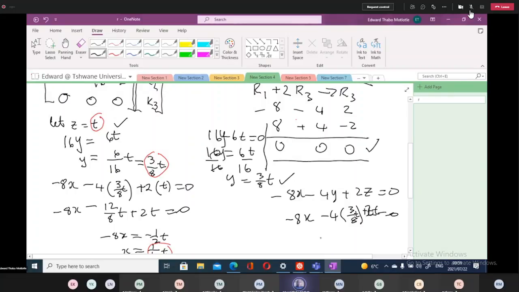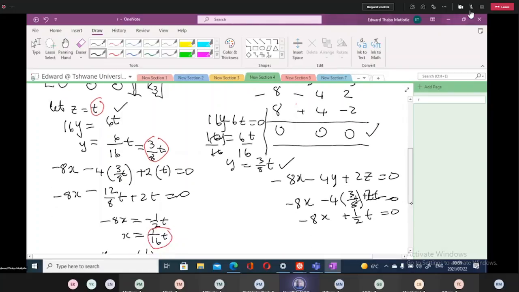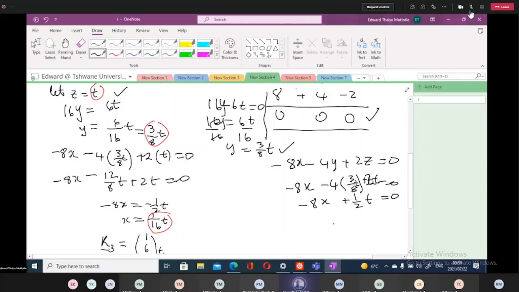So I add this using calculator, I end up with minus 8x plus 1 over 2t equals to 0. Then working it out, I end up with minus 8x equals to 1 over 2t, and this is x equals to 1 over 16t.